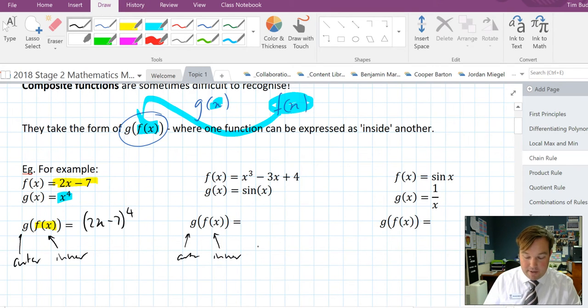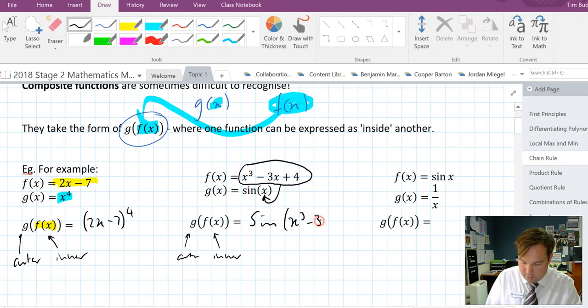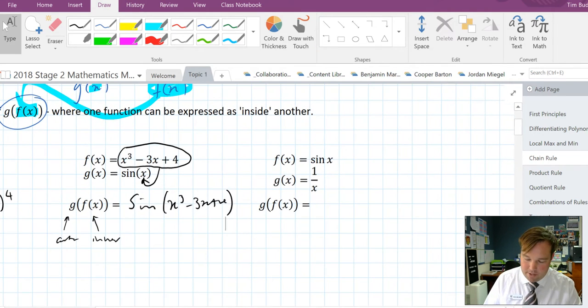Alright, so here, if f of x is the inner function, it will go inside g of x. So basically, f of x will go where x is inside g of x. So sine x cubed take 3x plus 4 will be the composite function. Or here, f of x goes inside g of x again, so it will be 1 on sine x.